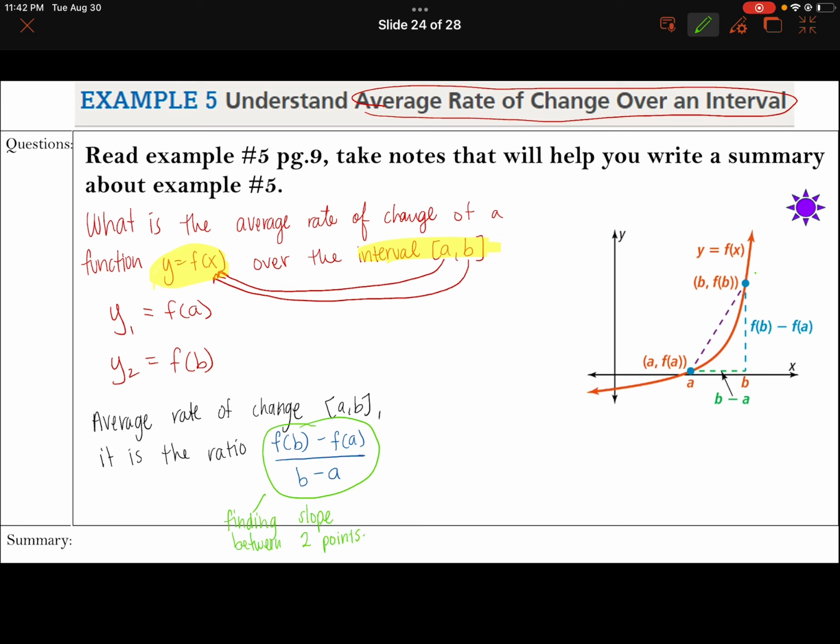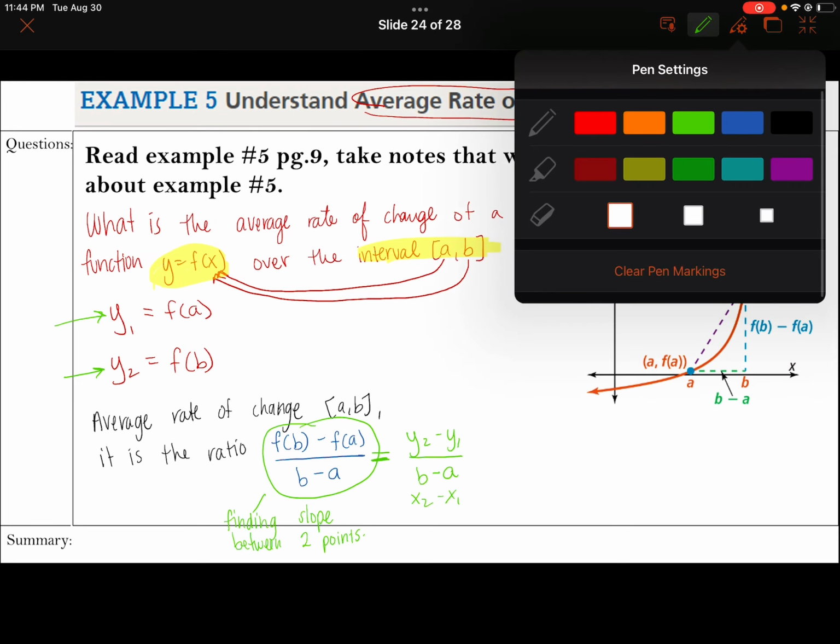Okay. So we said y1 equals f of a and y2 equals f of b. So if we just replace, this is the same thing as y2 minus y1 over b minus a. But we know our a and b are x values, so it's the same thing as saying x2 minus x1.